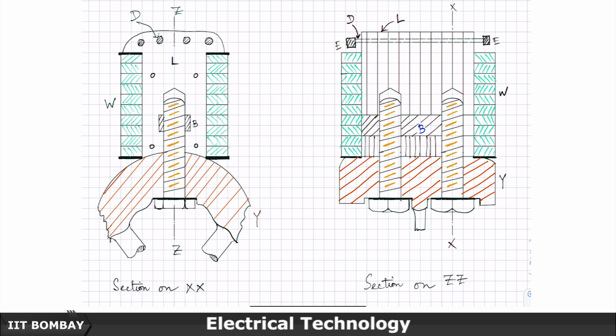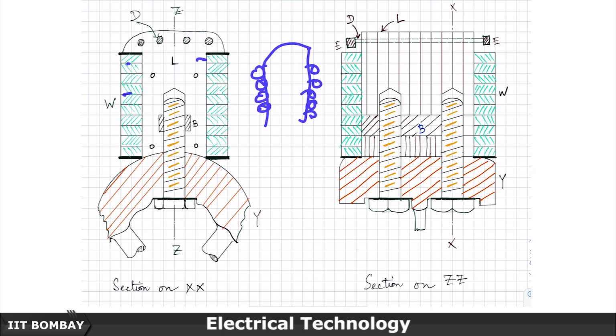This pole face is usually tapered around here, so that you get proper reduction in the flux line, smoothly reducing along the corner. So, tapered along here, and the windings have to sit here.